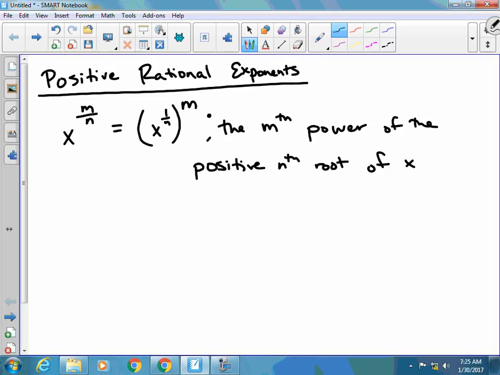Again, when we're looking at this, you're really breaking it down into the right side in order for you to simplify it a little bit easier.